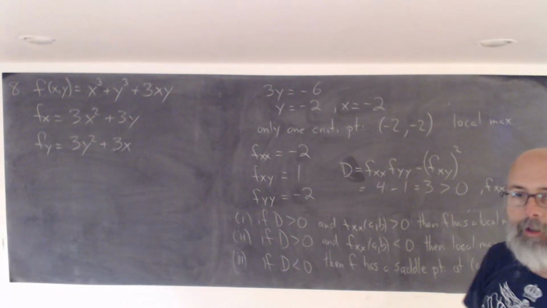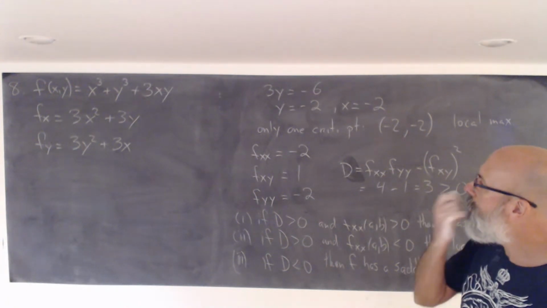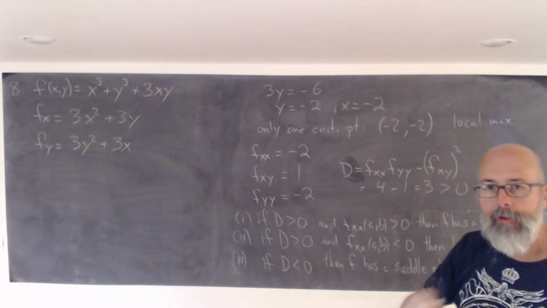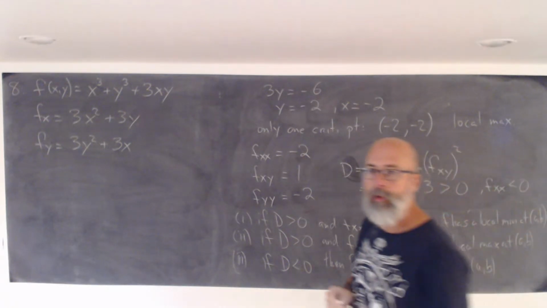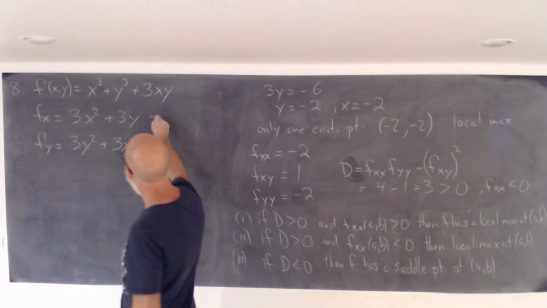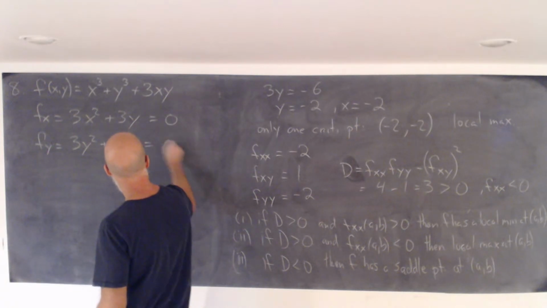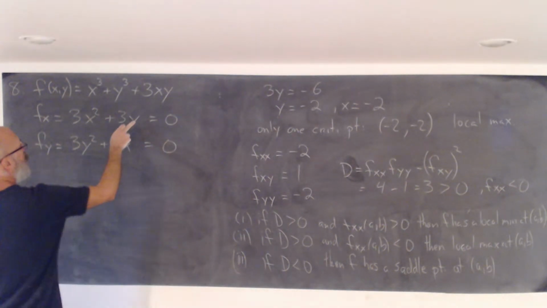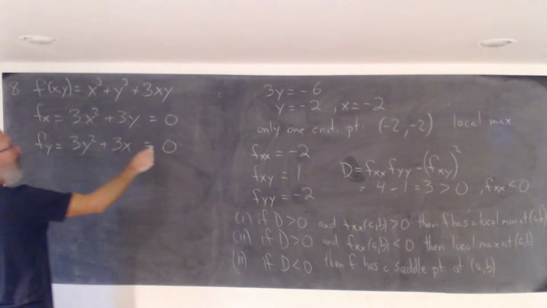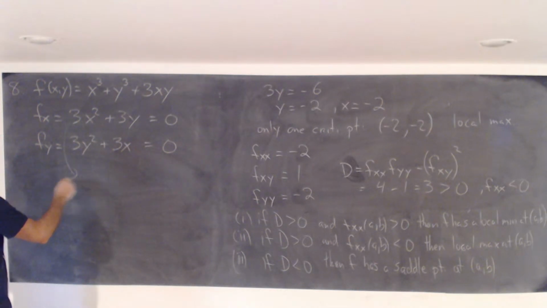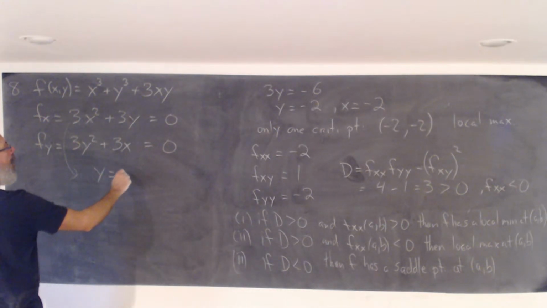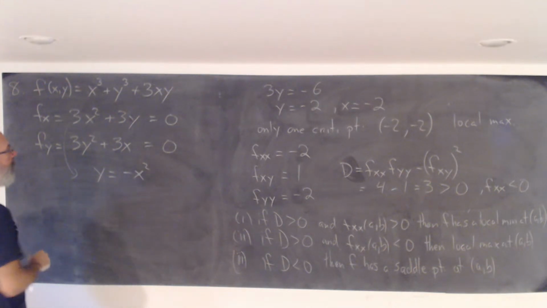There you have it. And these partial derivatives exist everywhere. So the only critical points are where this is equal to 0. So from the first one, you see that y has to be negative x squared.